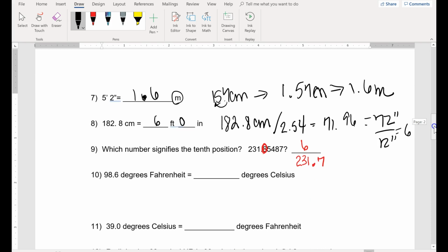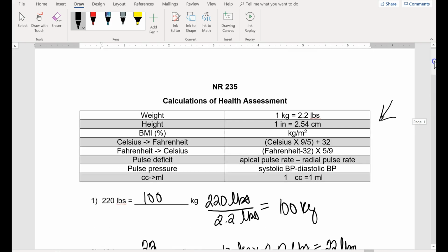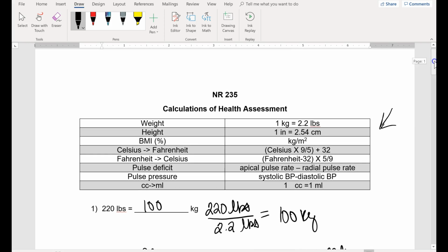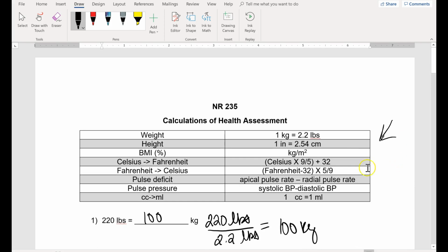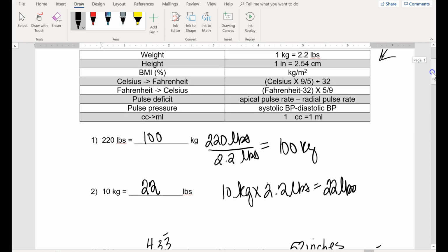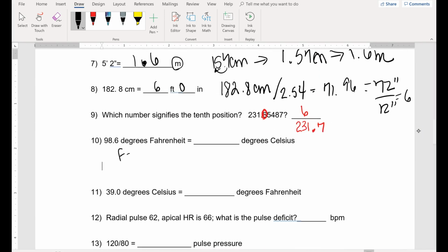Okay, so we have 98.6 degrees Fahrenheit equals how many degrees centigrade? Okay, so we are given Fahrenheit, okay? So we want to take Fahrenheit minus 32 times 5 over 9. And this is how we get centigrade.